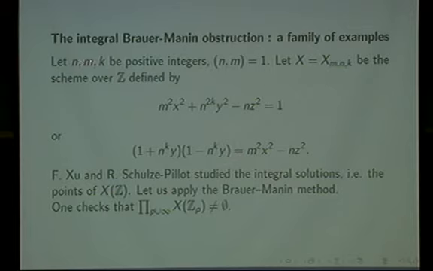So look at n, m, k positive integers, n and m coprime, and look at this very simple equation. You can call it a scheme if you want, but you can ignore the word scheme. You look at this representation of 1 by this ternary quadratic form. X, Y, Z are the variables, and M, N are fixed. Okay?